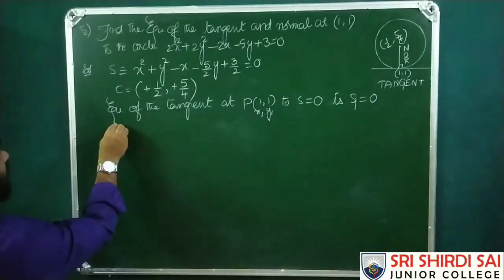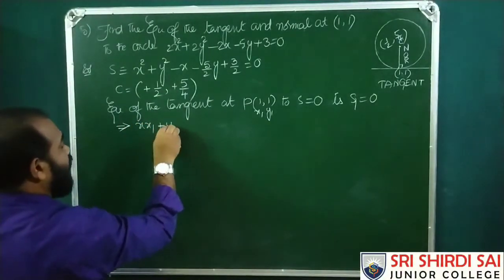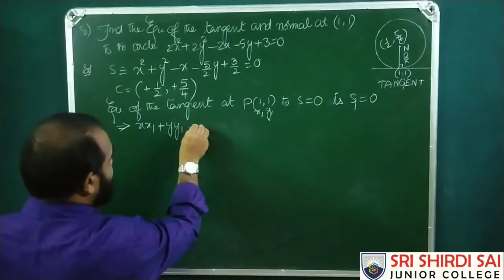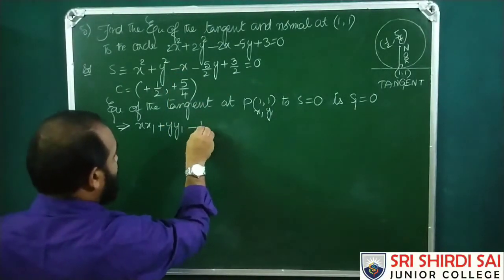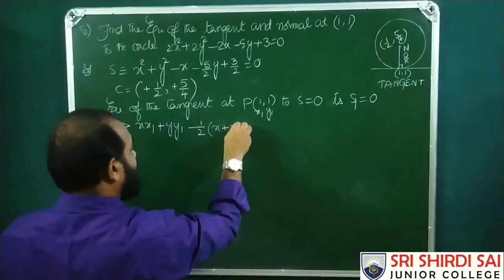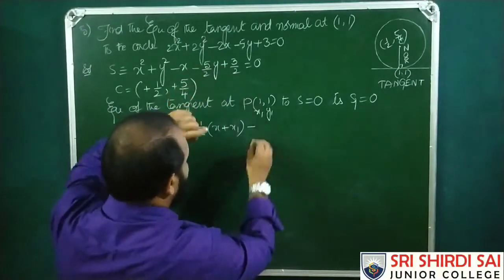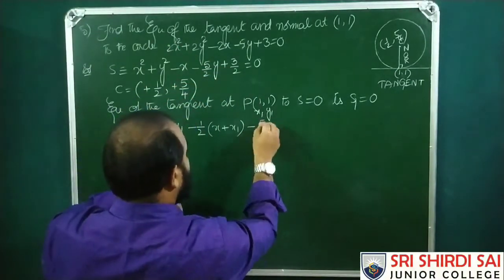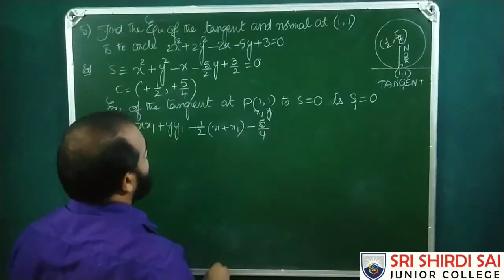That implies xx1 plus yy1, minus the coefficient of x, half of that, so 1 by 2 into (x plus x1), minus the coefficient of y, half of that, 5 by 2 by 2, 5 by 4. The sign remains unchanged.